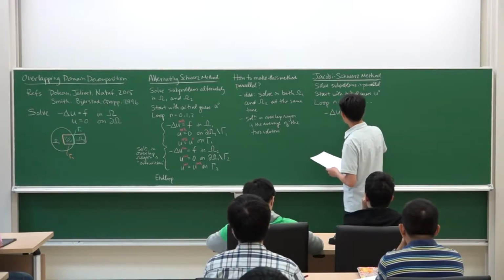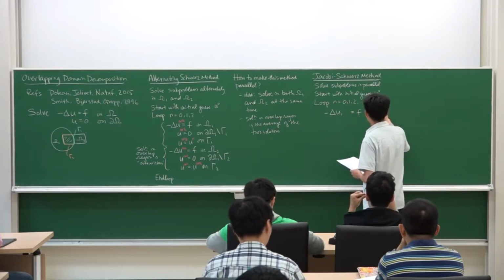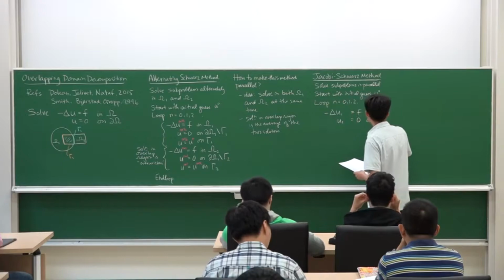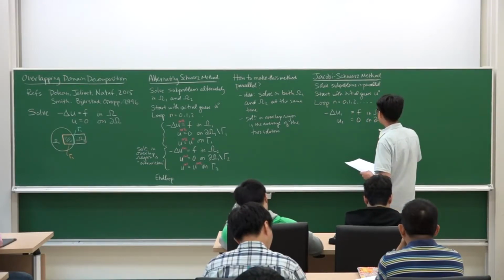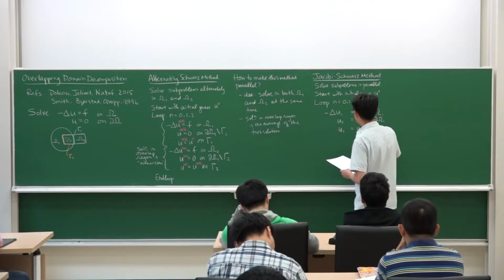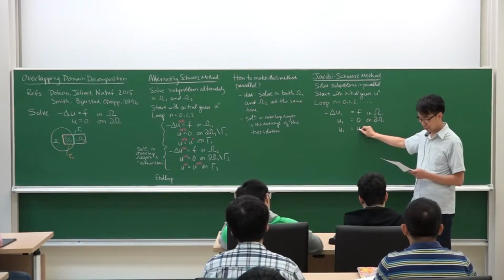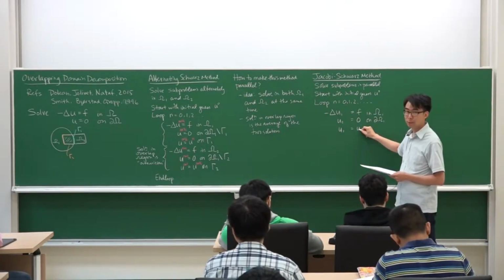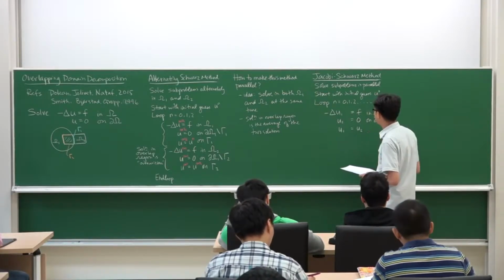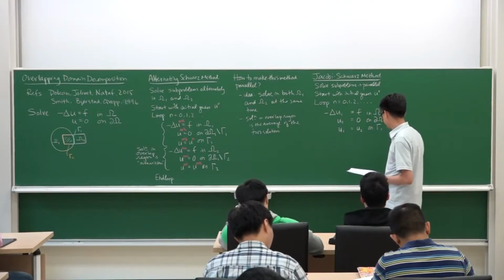So this is equal to F in the first subdomain, U1 equals 0 on the boundary. So these are all the same. U1 is equal to U, and we're going to take the boundary information from the other subdomain, on gamma 1.